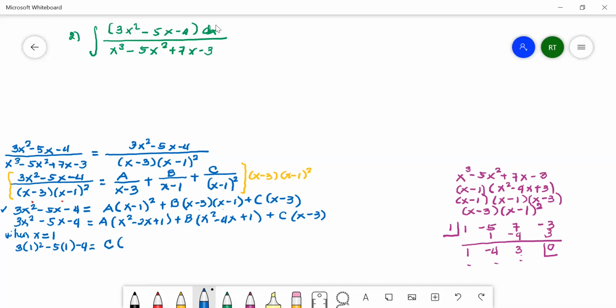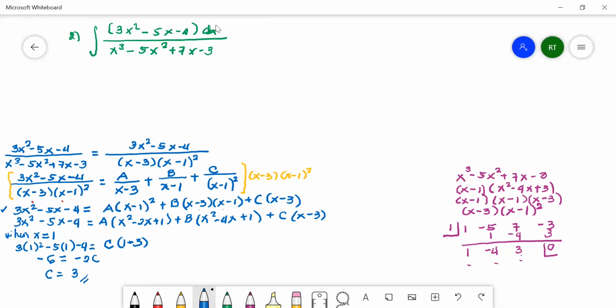C times the quantity 1 minus 3. Then we have here 3 minus 5 minus 4, and that gives us 3 minus 9, which is minus 6. Minus 6 is equal to C times 1 minus 3, which is minus 2, so we will have minus 2C. And if we solve for C, then C is equal to positive 3. So we were able to get the value of C, which is equal to 3.